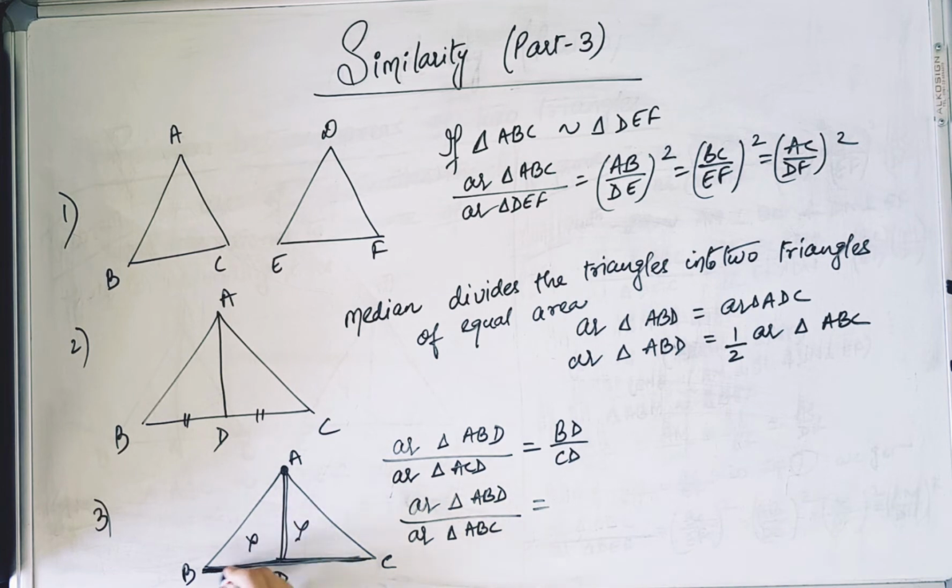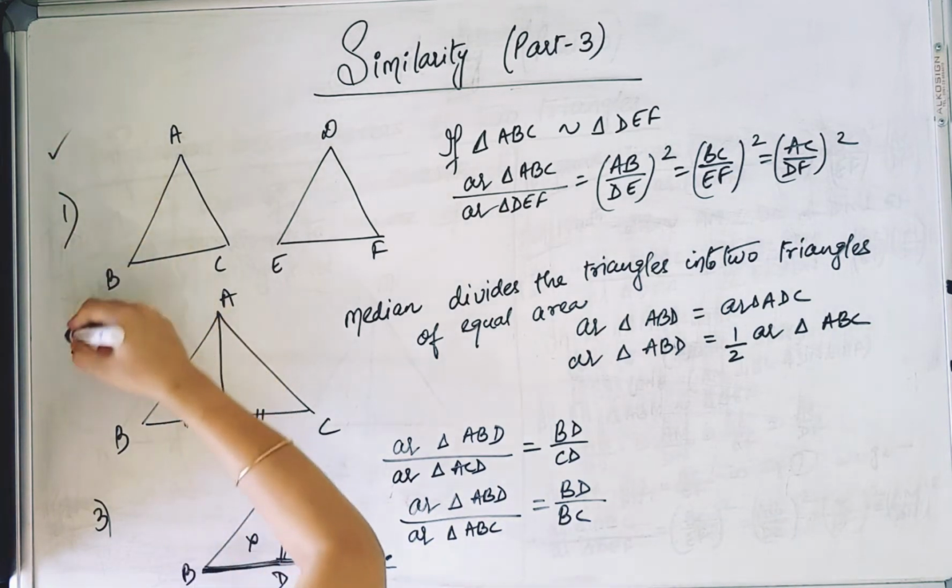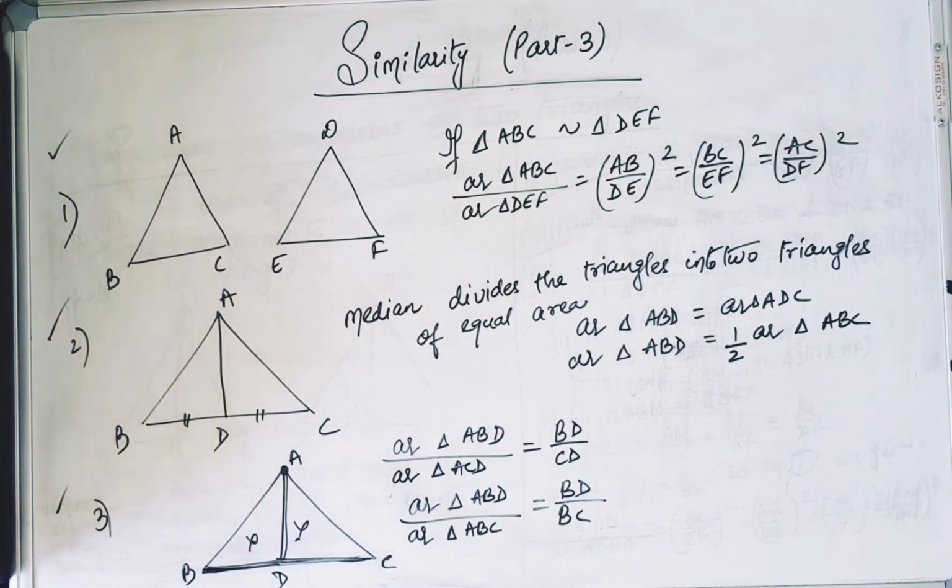So ABD का base BD रहेगा, and ABC का base क्या है? BC. So these are the three major concepts which we have to study and which we have to apply in the following questions. So now moving on to the question part.